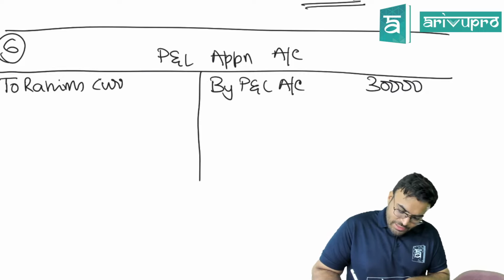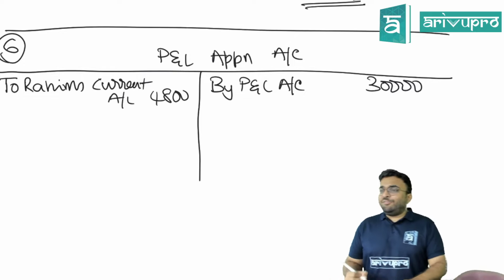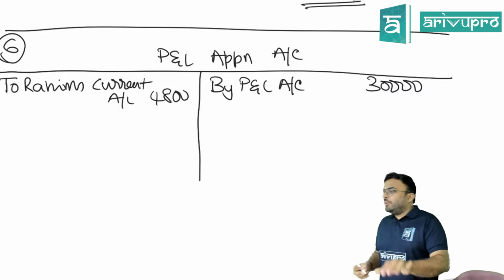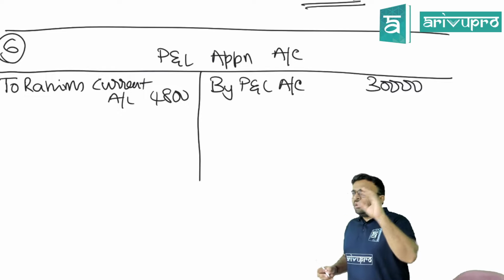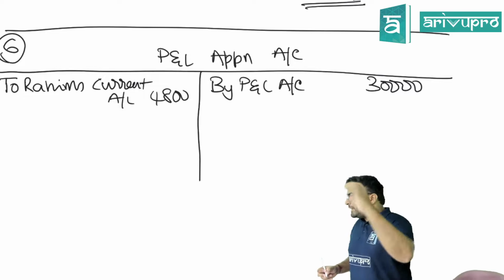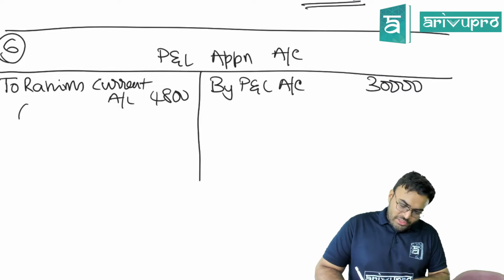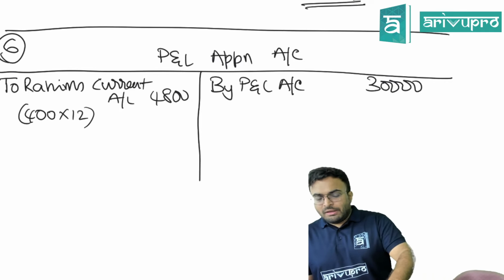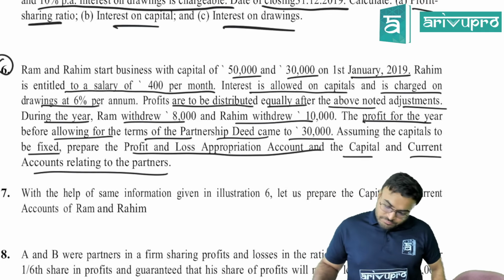Rahim's current account, 400 into 12, 4,800. Why current account? Because they said fixed capital. That means capital you cannot touch; it should remain the same. Clear?